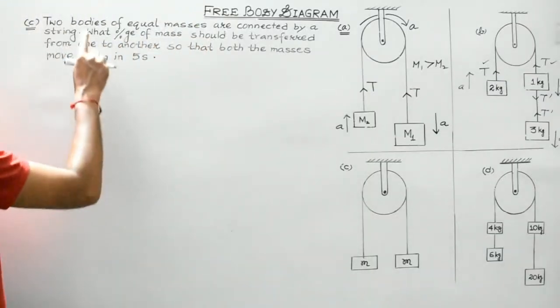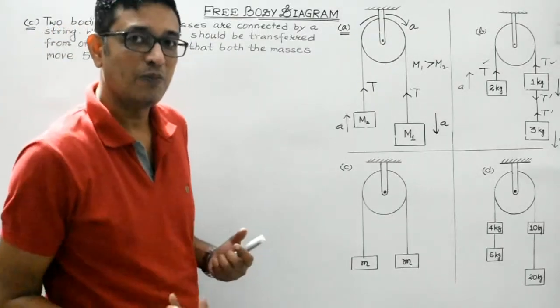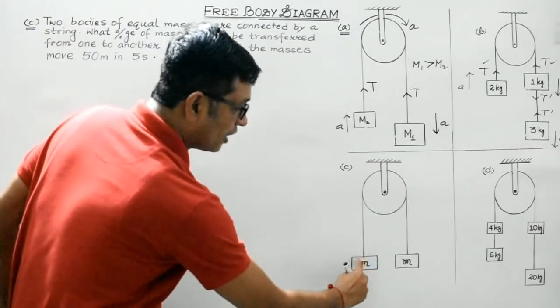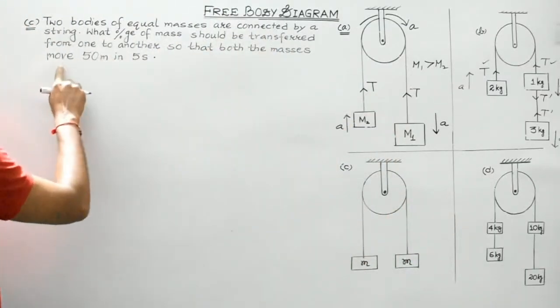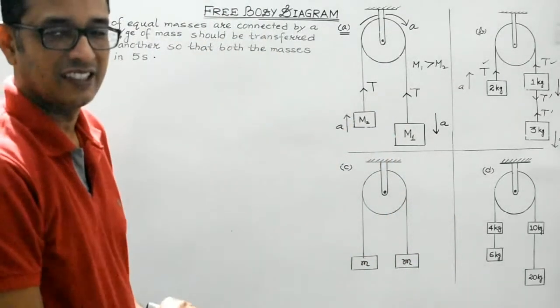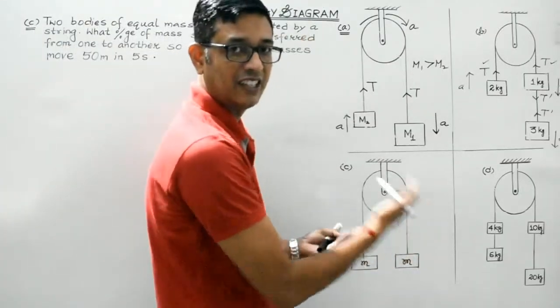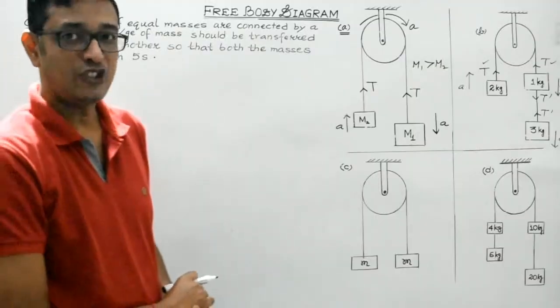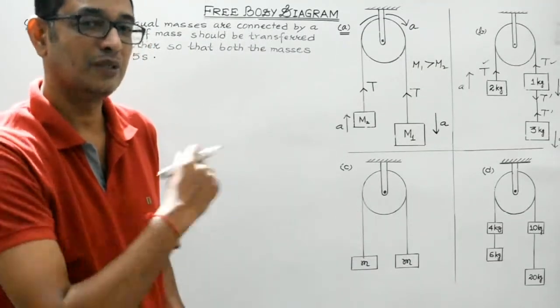So the question is, what percentage of mass must be transferred from one body to another body so that both the masses move 50 meters in 5 seconds. Initially, these two bodies are at rest, right?